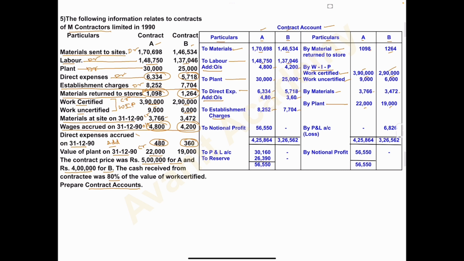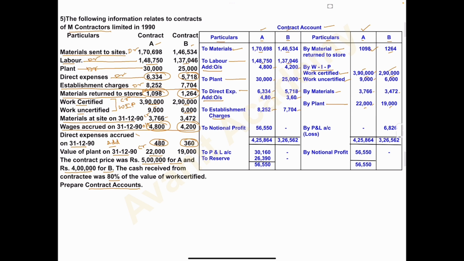Now we have to see the total balances. So first we'll total the column A, contract A. So the total of contract A is these amounts: 1,098 plus 3,90,000 plus 9,000 plus 3,766 plus 22,000.